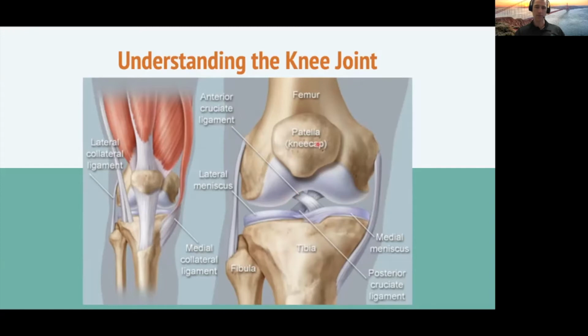You can see the kneecap right here, and you can know this is the right knee because the fibula is a bone that is on the outside of the lower shin bone, and it's always on the outside. So if I'm looking right at it, this is the outside, this is a right knee. We have this specialized hyaline cartilage. We have these meniscus or wedge-shaped cushions, and then we have more of that specialized cartilage underneath there.